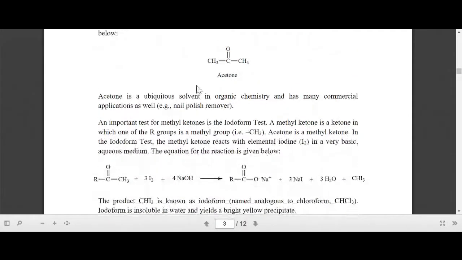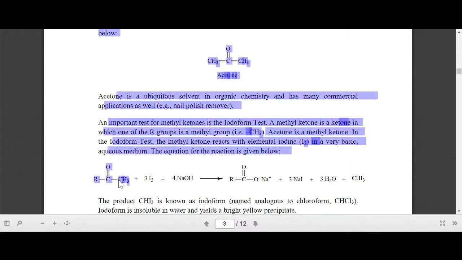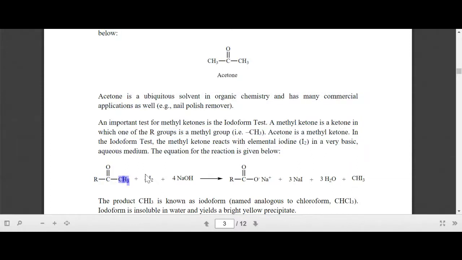It could be CH3, CH2, an ethyl group, a propyl group, any size of carbon chain. But if the carbon chain is just 1 carbon, then we have a methyl ketone. So this is a methyl ketone.